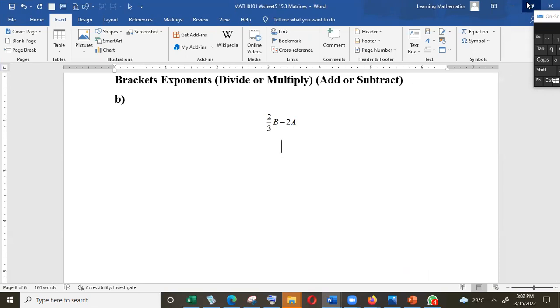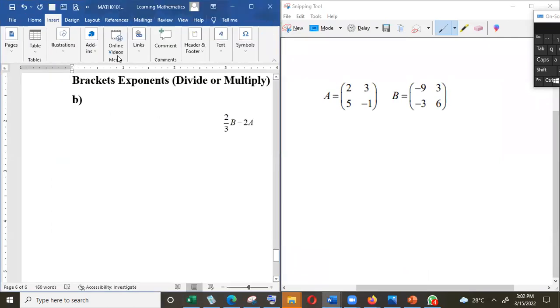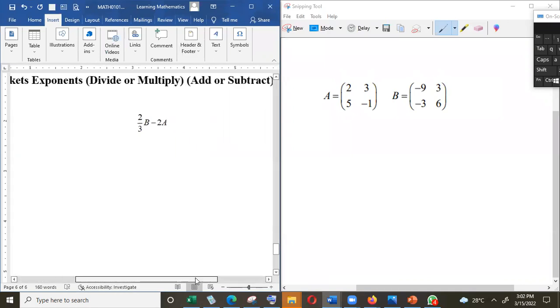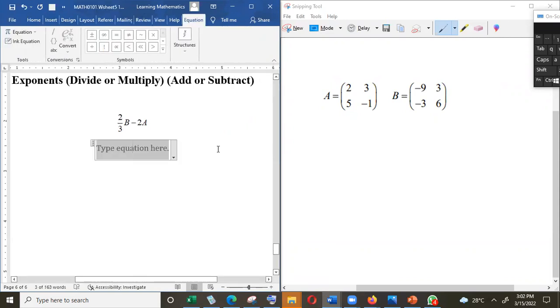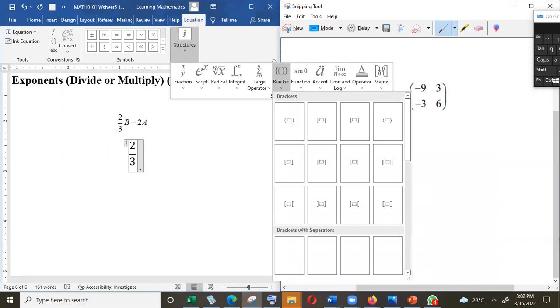Okay, we have to take that into consideration. So we go to equations, and we have to find what is 2/3 times the b. B is a 2x2 matrix.